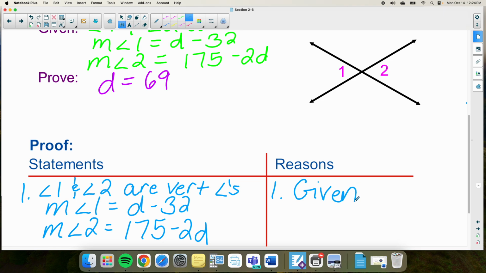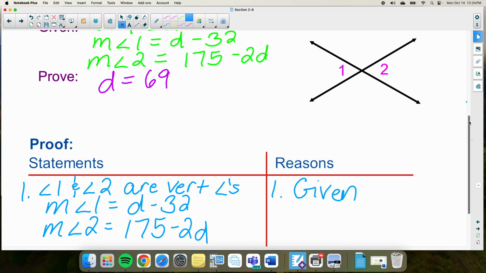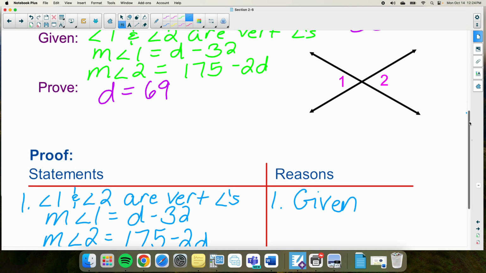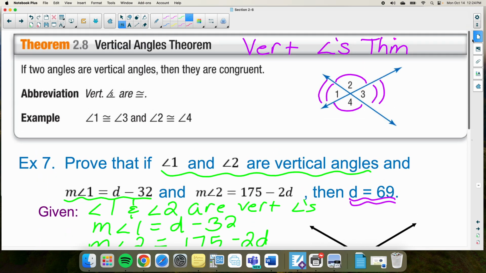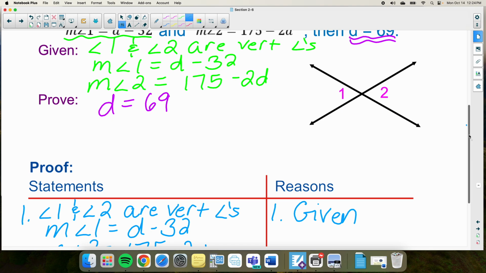Okay? Now, if they give you vertical angles, that means you're going to use vertical angles theorem. Okay? And what they told us here is that angle 1 and angle 2 are vertical angles. So what we can say from that then is that angle 1 is congruent to angle 2.